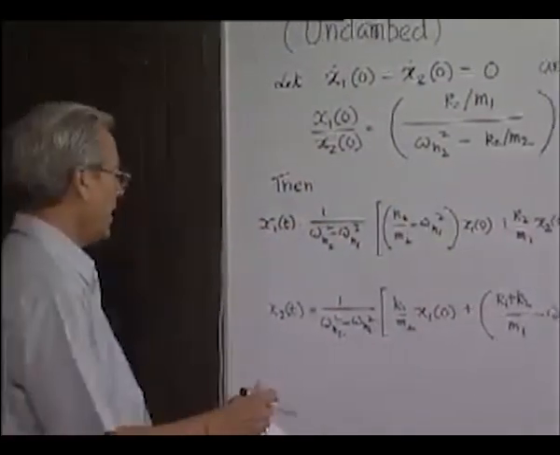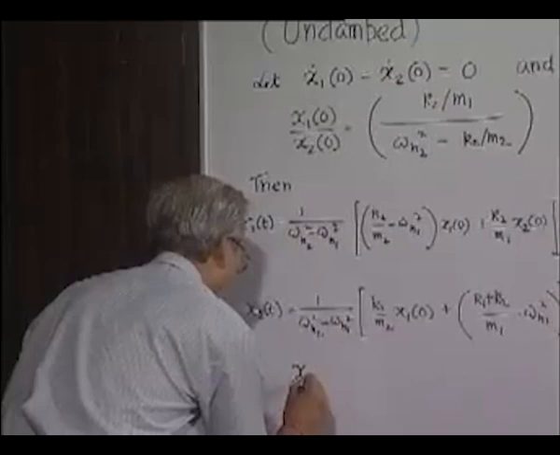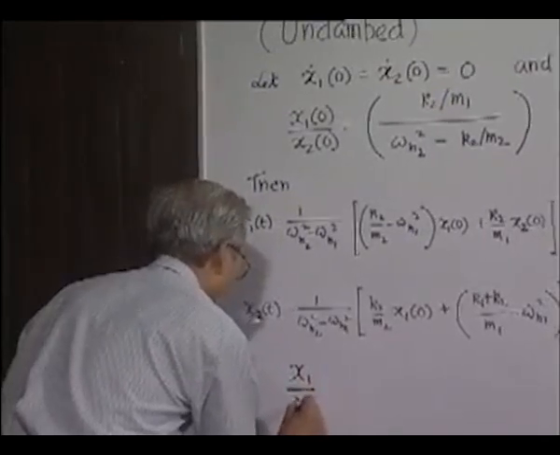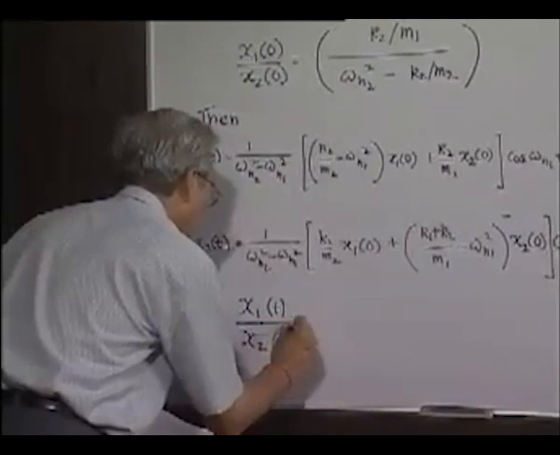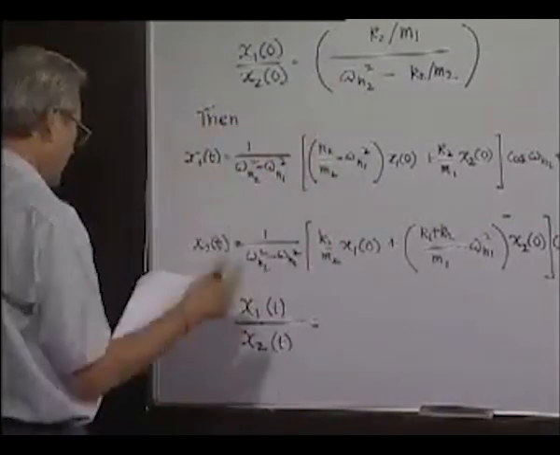So both x1 and x2 are simple harmonic functions of time with frequency omega n 1. That means it is a natural mode oscillation.